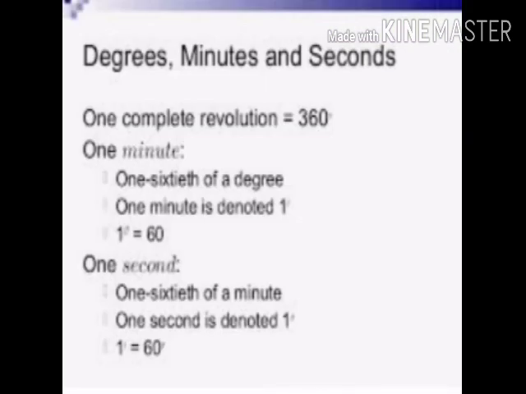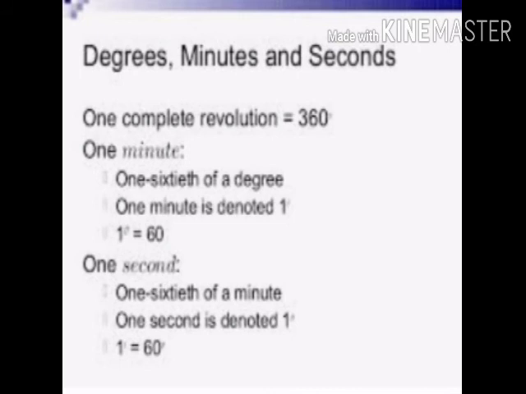Let's see degree measurements. Degree measurements can be written in terms of minutes and in terms of seconds. Actually, one complete revolution of a circle means it covers 360 degree.